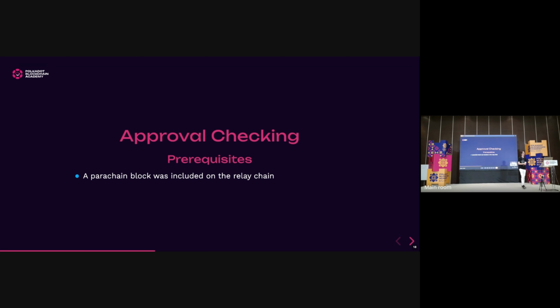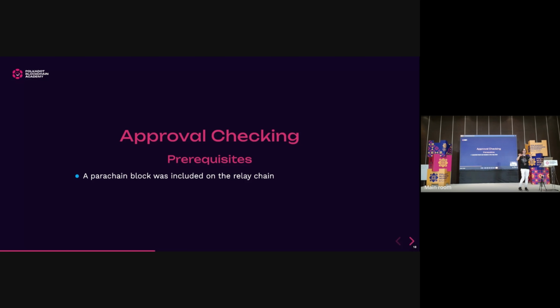So if you remember, we are talking about a collation coming from the collators to the relay chain backing group. Then they're backing this collation, and it's getting backed on chain. Later on I will show an event on the relay chain that this specific collation was backed. After it is backed, we start the availability process, where we send all the availability chunks.